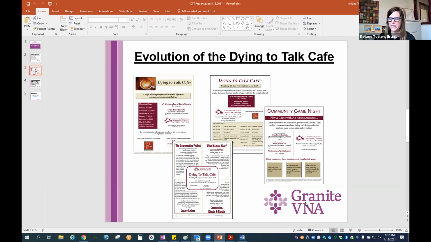The goal is to create a comfortable, informal, which is also really important, and respectful environment where people can talk openly and be candid about death. Our goal also was to have it act as a springboard for a deeper awareness, consideration, and investigation of end of life for each person and what that might mean.